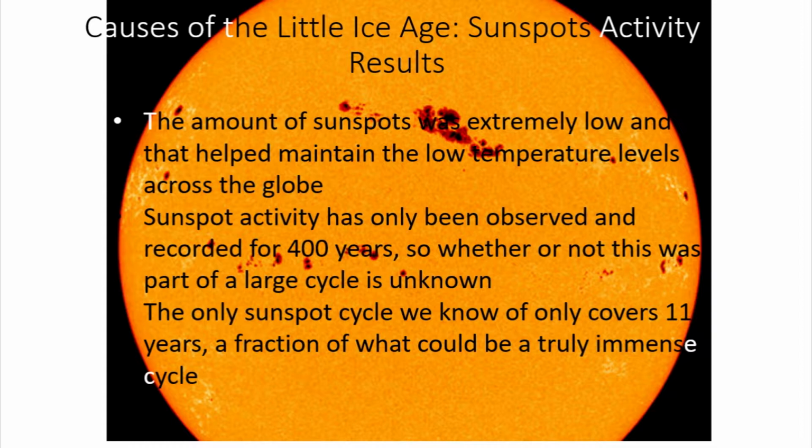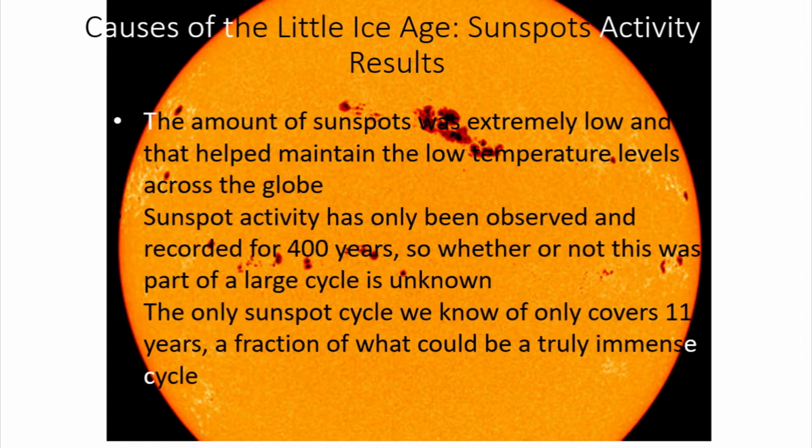The reason sunspot activity is so important is that the fewer sunspots there are on the sun, the colder it gets here on Earth. We don't understand it too much because sunspot activity has only been observed and recorded for 400 years. Before then, if you looked up at the sun, you'd be blinded for a few minutes, and it's only recently that we've managed to use telescopes to see these sunspots.